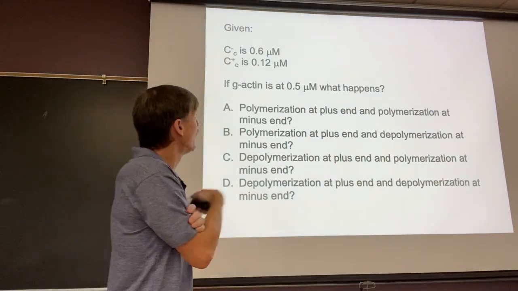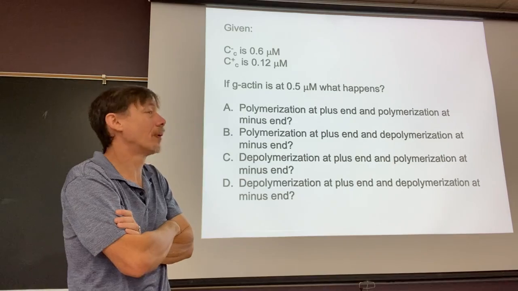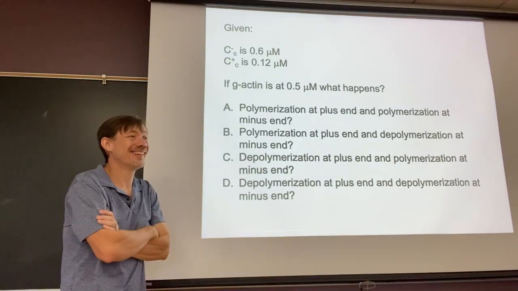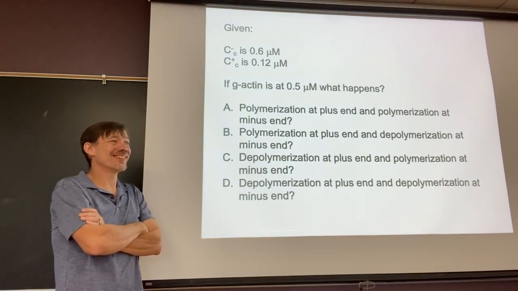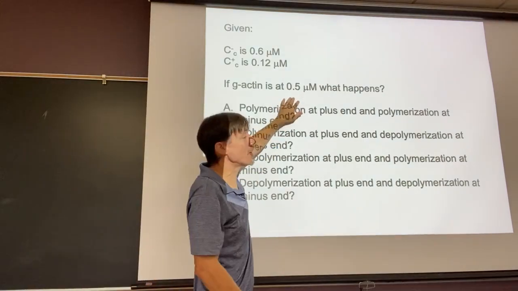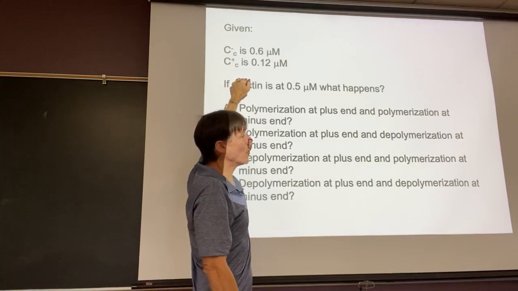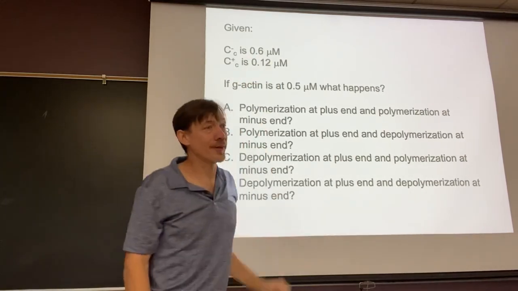Less, okay. Is 0.5 more or less than 0.12? Okay. That's good. So we have a situation where the actual concentration is higher than 0.1 and it's lower than 0.6.